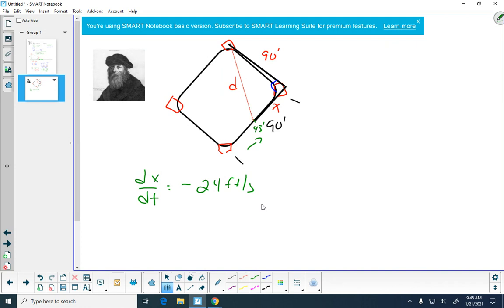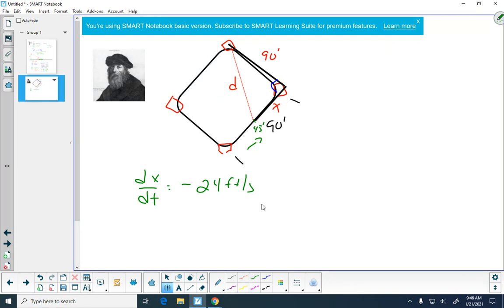Okay, now we have our good old buddy Pythagoras. We can write an equation. The 90 feet from first to second base is not going to change. That's going to be a constant. Nobody's moving the bases as we are running. So that's going to be 90 feet. So write yourself a Pythagorean equation that involves x, d, and we're looking at the distance from the runner here to second base.